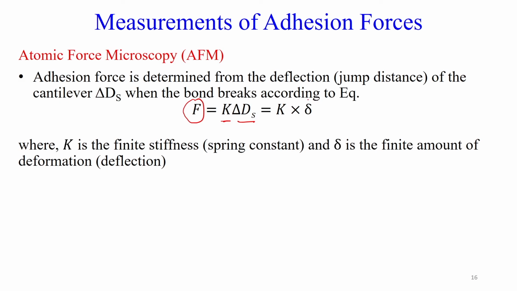So, based on that principle, there will be the interaction between the cantilever and the surface, and that adhesion force is proportional to the spring constant and the value of deflection. So, if you measure the adhesion force, we can correlate it with the surface tension or the work of adhesion.